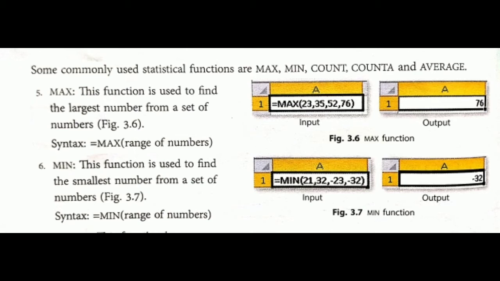Okay, and the output is given as minus 32. So max is used to find the largest number from a set of numbers, and min is used to find the smallest number from a set of numbers. The syntax for max is equal to max of range of numbers, and the syntax for min is equal to min of range of numbers.